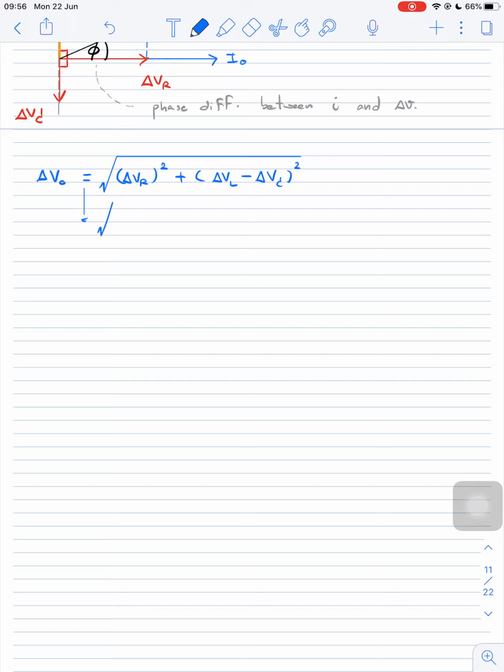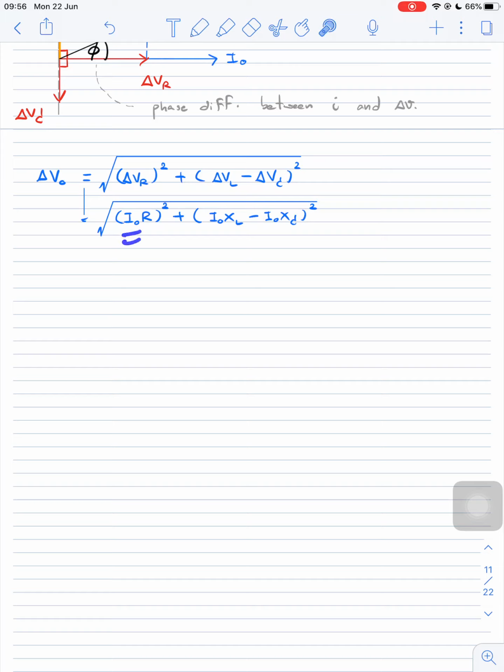So we have I naught times R, squared, plus I naught times XL minus I naught times XC, squared, and then the square root.